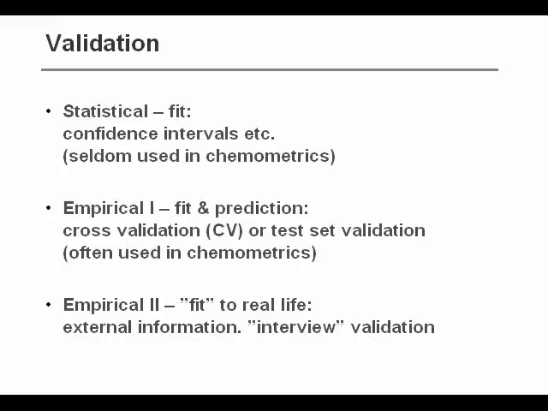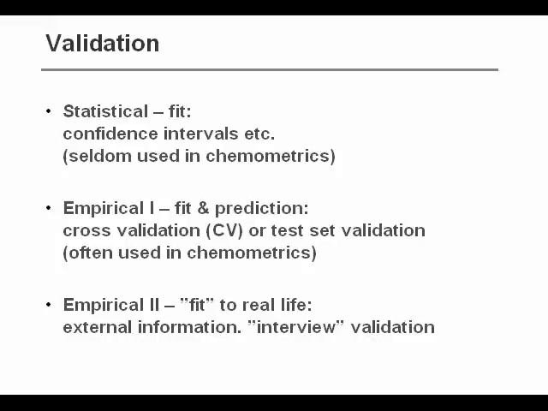And for that we have what we could call empirical validation, where we look at predictions, for example, from cross-validation, and see how the model is actually performing on new data. And then we have another kind of empirical validation, which we could call comparing the model to external information, or which we sometimes call interview validation. That is very seldom described in the literature, but it's one of the most important parts of validation.